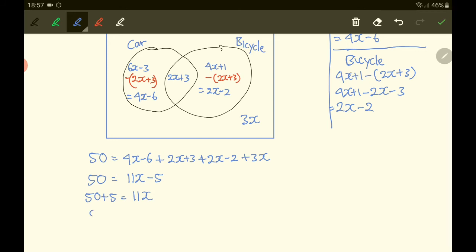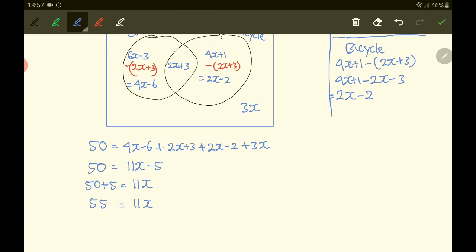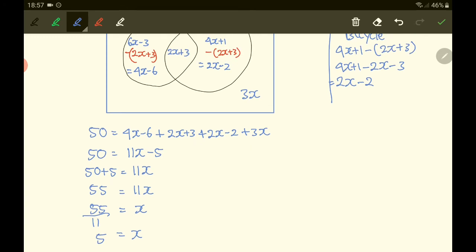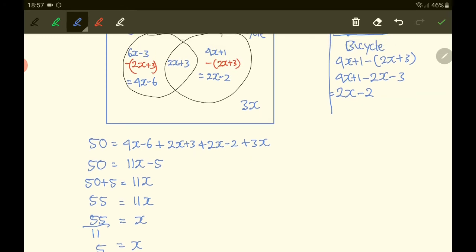So this is 55 equals 11x. Then I move the 11 to the left, it becomes division. So 55 over 11. So x is equal to 5. The value of x is 5.